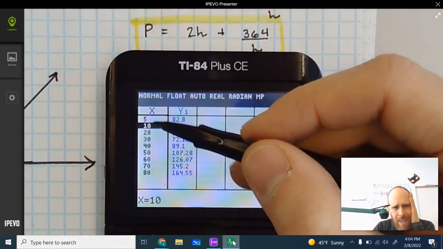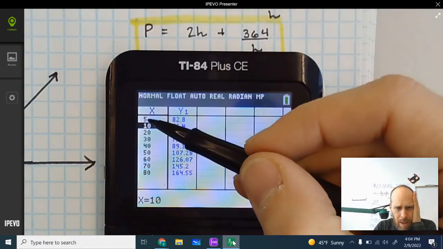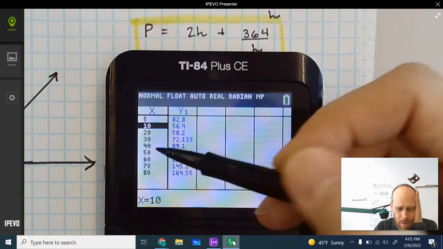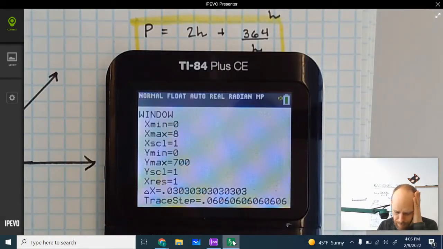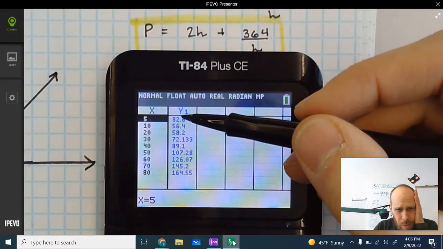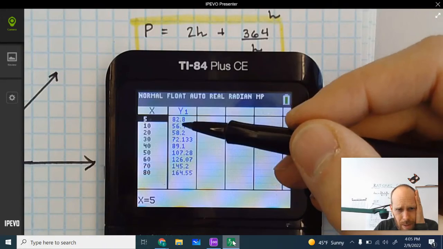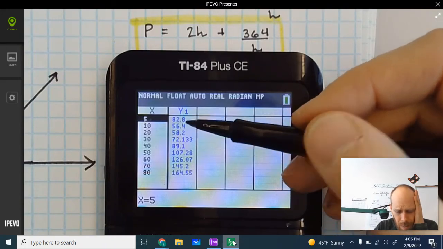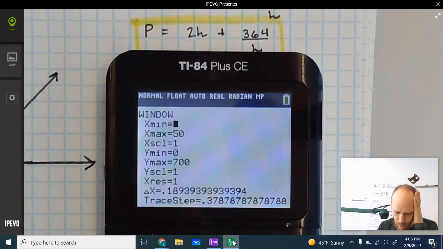So for my x values, I might go something like from 0 to, I don't know, one of these numbers around here, 0 to 50. And then for my y values, it needs to go at least up to, I don't know, it looks like the minimum is going to be somewhere in the 50s. So maybe I'll go something like from 0 to bigger than 50.